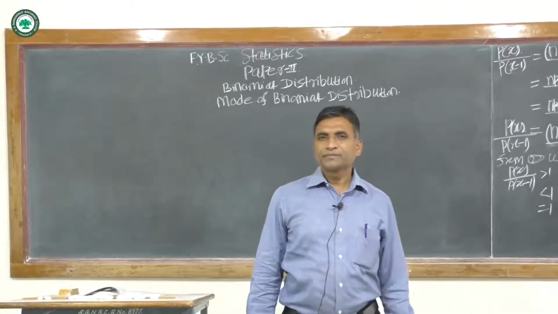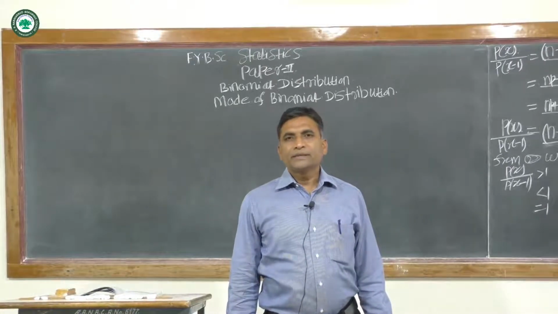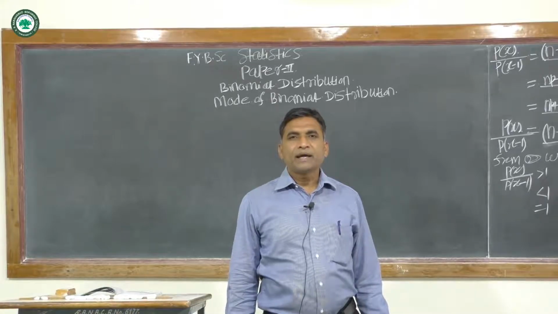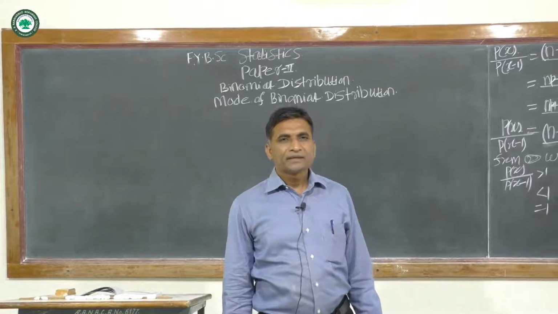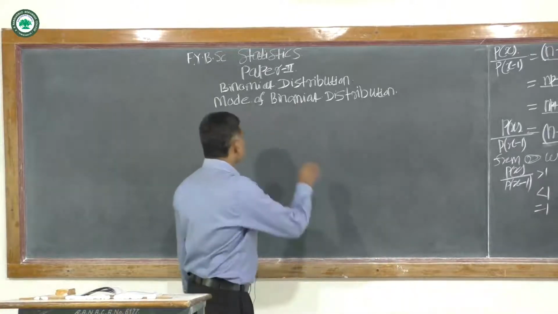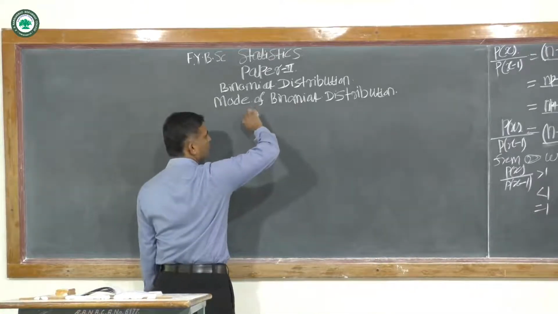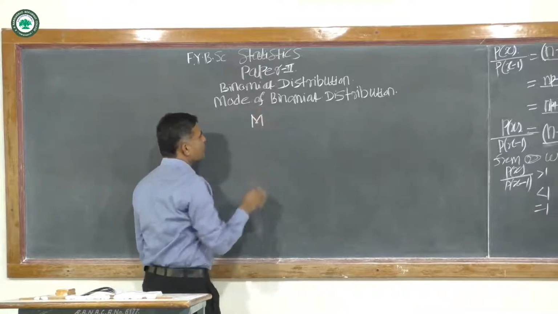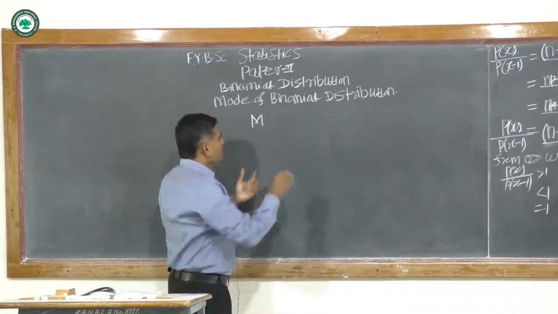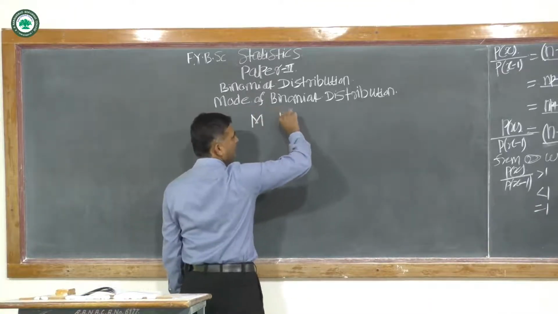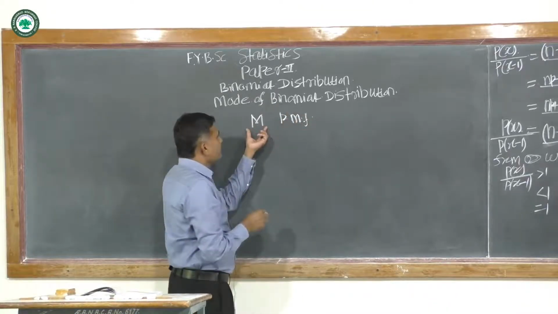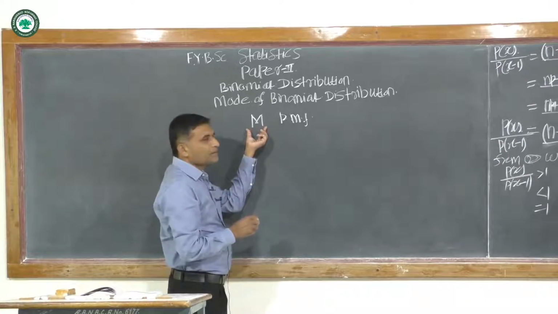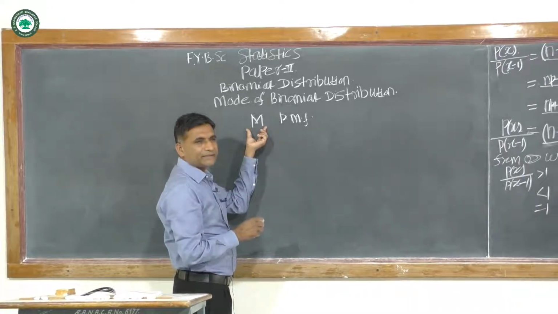We know that mode is the value of the random variable at which the probability mass function is maximum. That is, if m is the mode, then the PMF increases up to m, then further decreases.